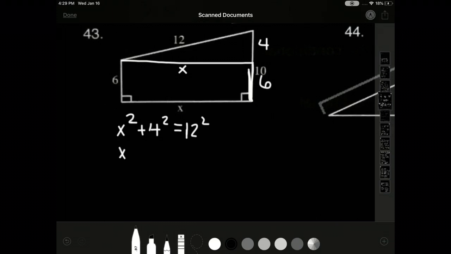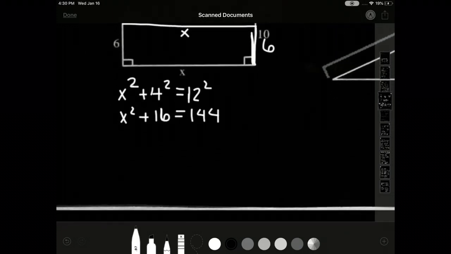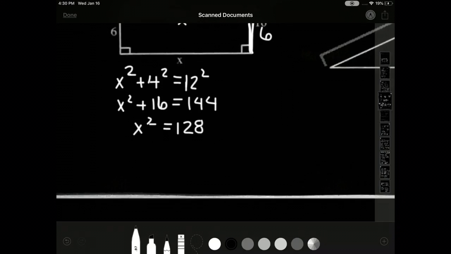So x squared plus 16, there we go, equals 144. And then we can subtract 16 from 144, so we get x squared equals 128. Now 128 is just 64 times 2, and 64 is a perfect square. The square root of 64 is just 8, so we get 8 square root of 2.